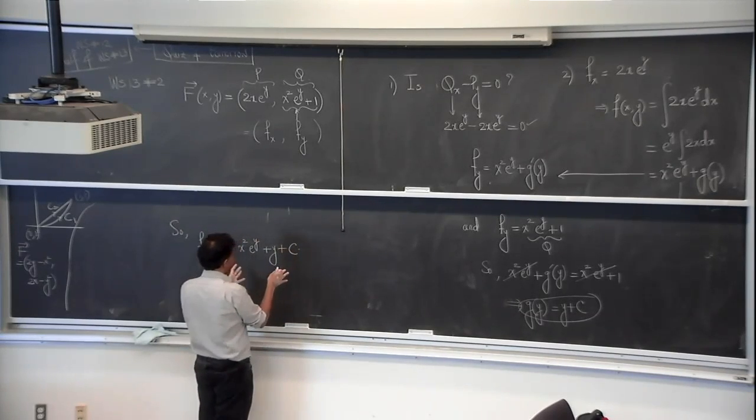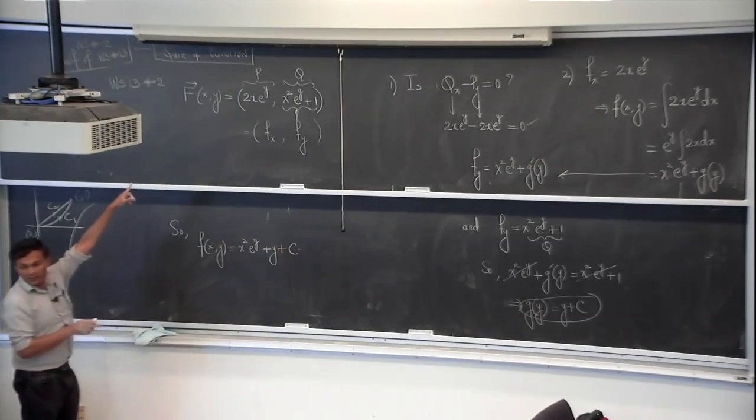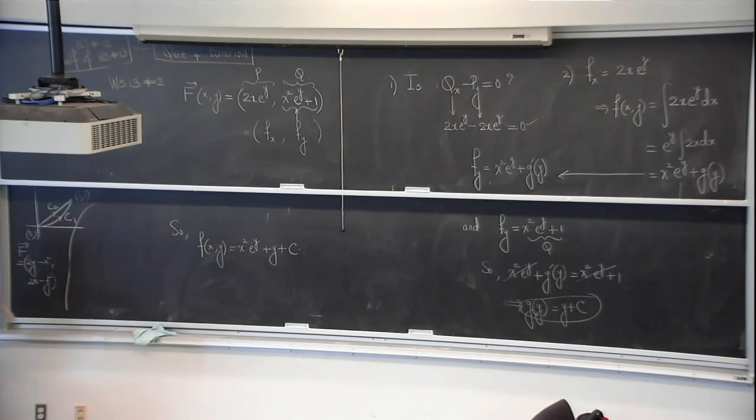If you find its gradient, you should get the vector field that is given in the question, and it works both ways. Any questions up to there?